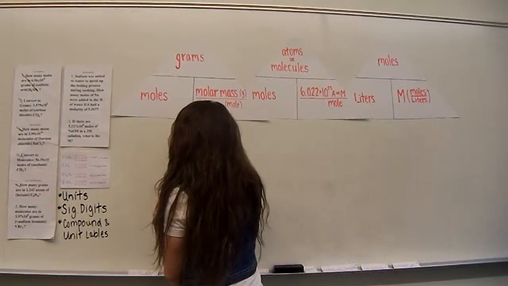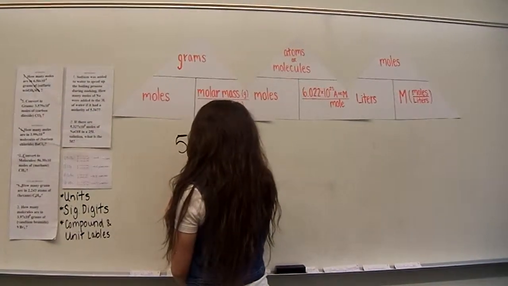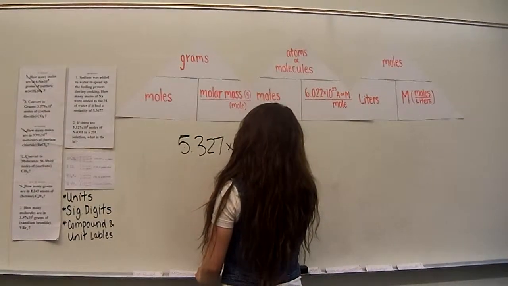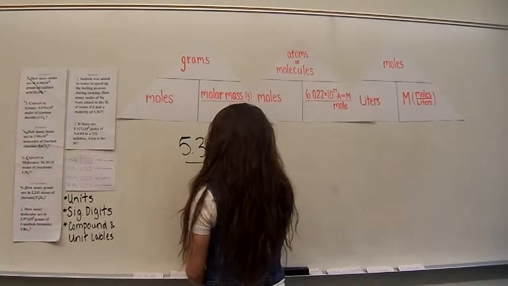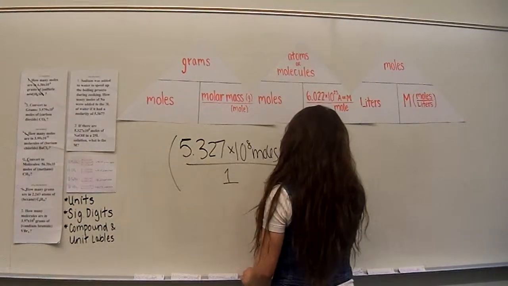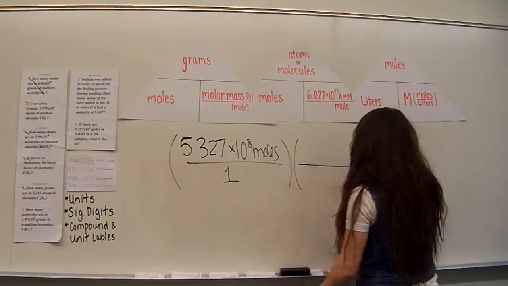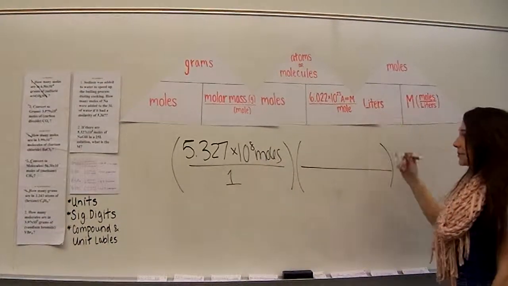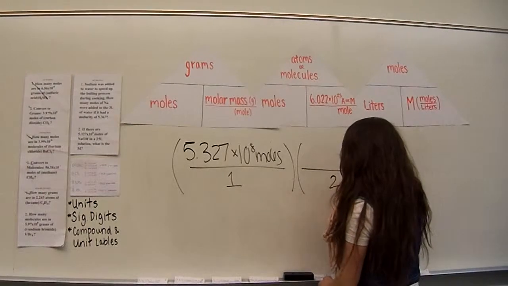We are given 5.327 times 10 to the 8th moles. So we will be writing that on the top. And in order to get molarity, we know that we will be dividing by the liters, which we were given, 25.